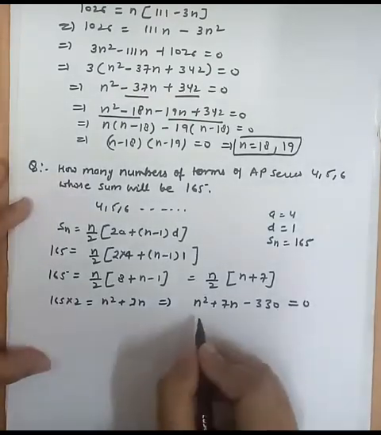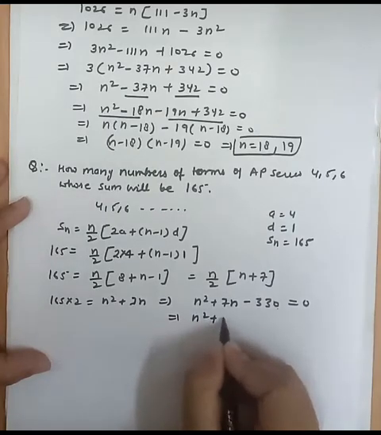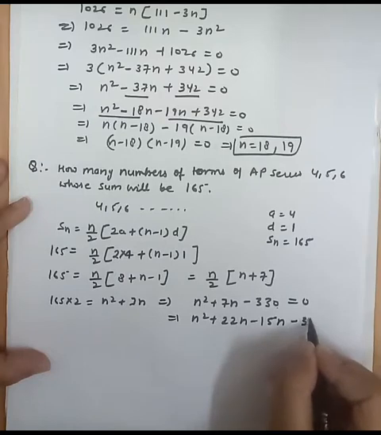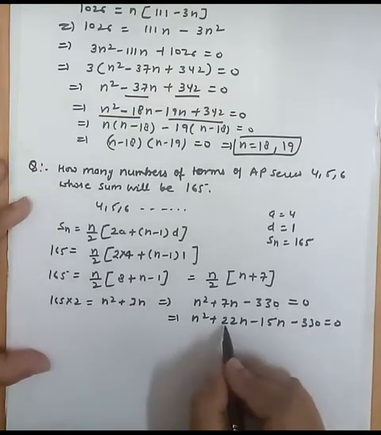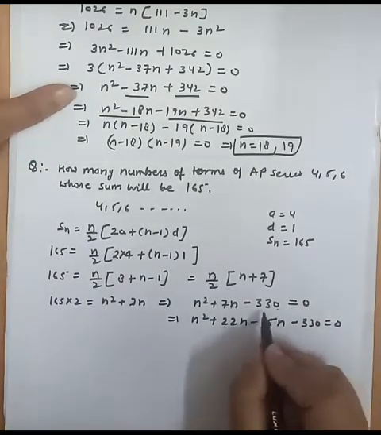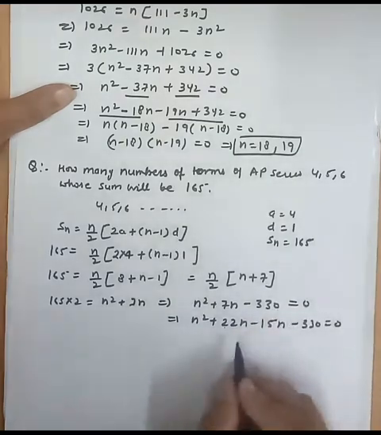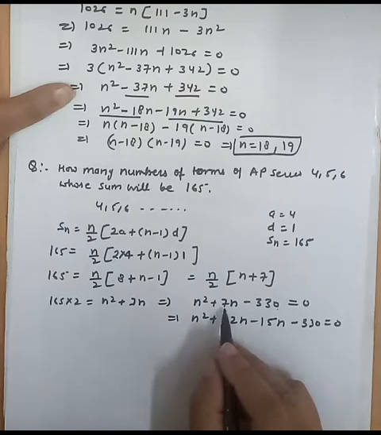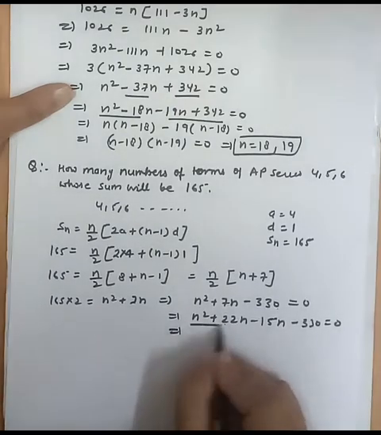Okay, so here the two numbers are 22 and 15. If you check, 22 multiplied by minus 15, you got minus 330, and if you subtract 22n and 15n, we get 7n. Okay, so make the pairing.